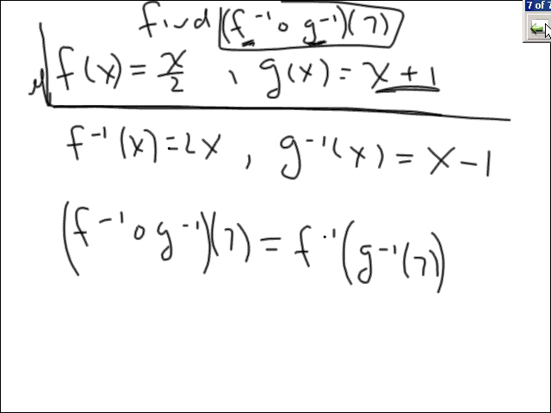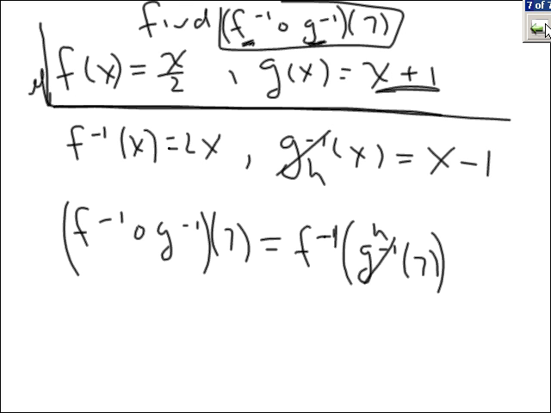Now, these inverses, f inverse, g inverse, is just a name for a function. It's just a name. If you don't like g inverse, you just put h. But you better tell everyone, hey, h equals g inverse. And then nobody can say, what is this person doing?